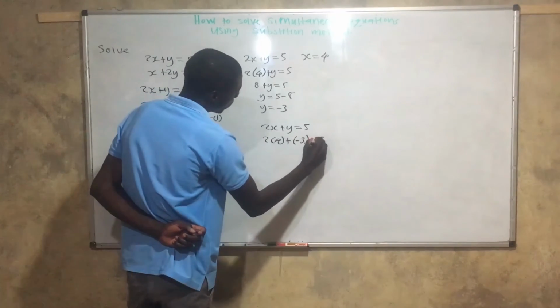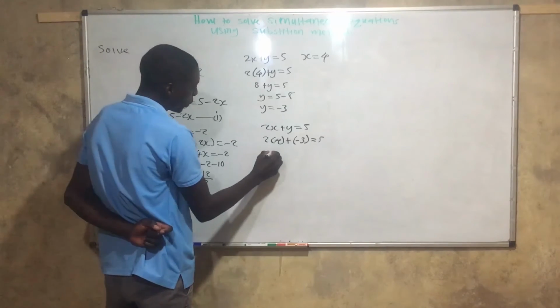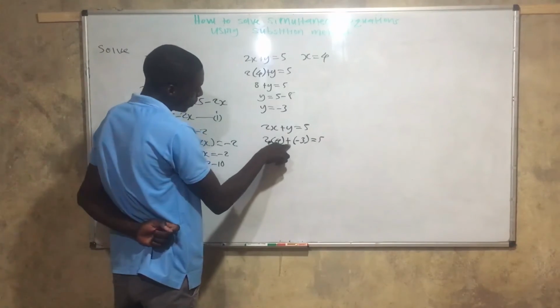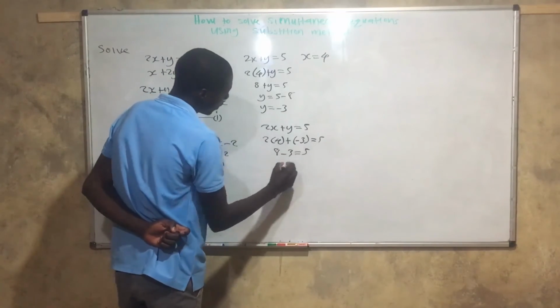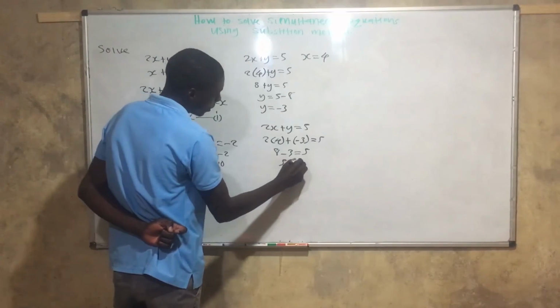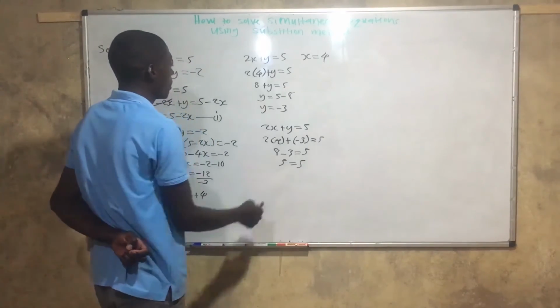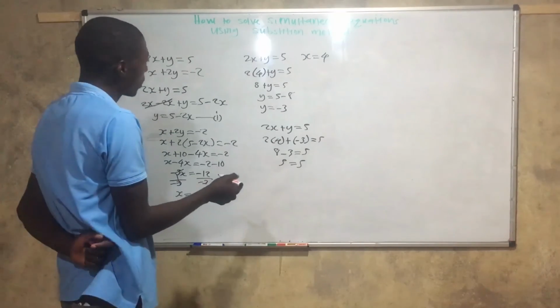So this will be 2 multiplied by 4, which is 8. Positive times negative 3 is negative 3, which should give us 5. So 8 minus 3 is 5, is equal to 5, which means in the first equation, these two values qualify to be the values of x and y.